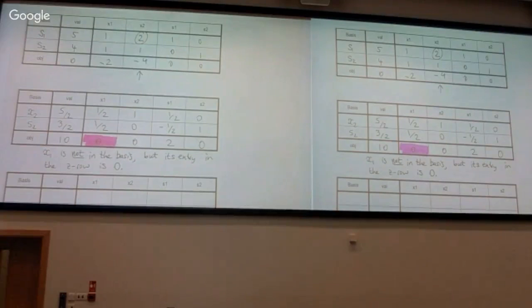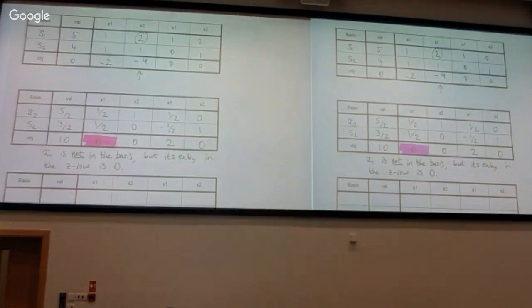Okay, so first of all, is this an optimal solution? Yes. Why? There are no negative values over here in the objective row. That's quite right.